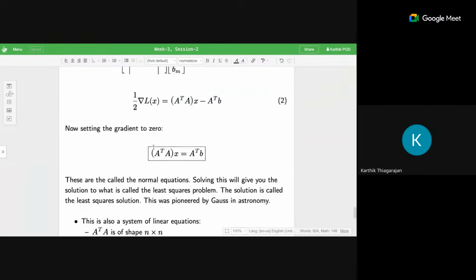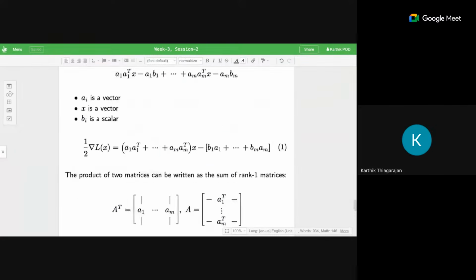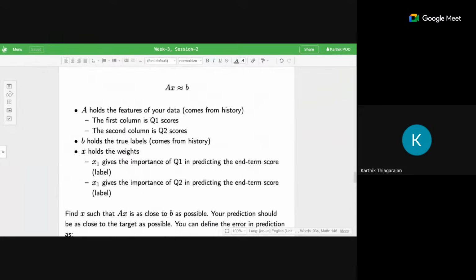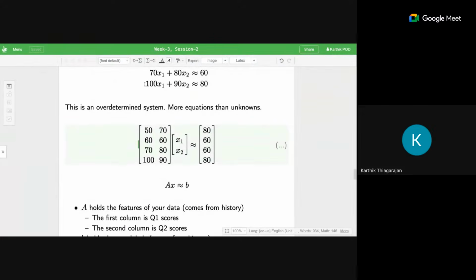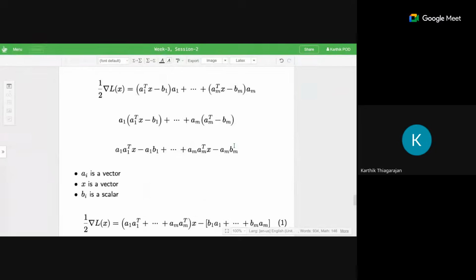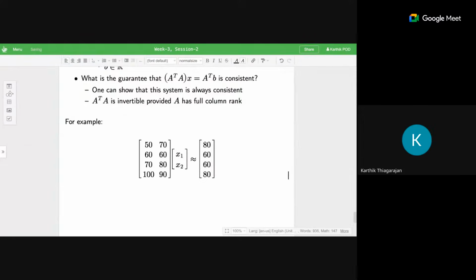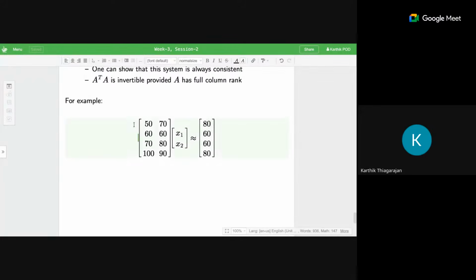So what you have to do now is, if you are given a system like this, in the exam or otherwise, these are the steps to follow.